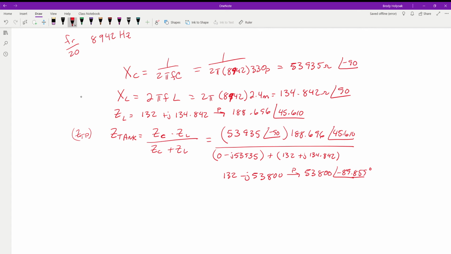Then we're going to take these two values, the 53,935 and the 188.696, multiply those together and then divide by this 53,800. We're going to take the negative 90, add the 45, and then subtract the negative 89. So when this is all said and done, we do all this math, this comes out to be 56,132 at an angle of 0. Oh, sorry.